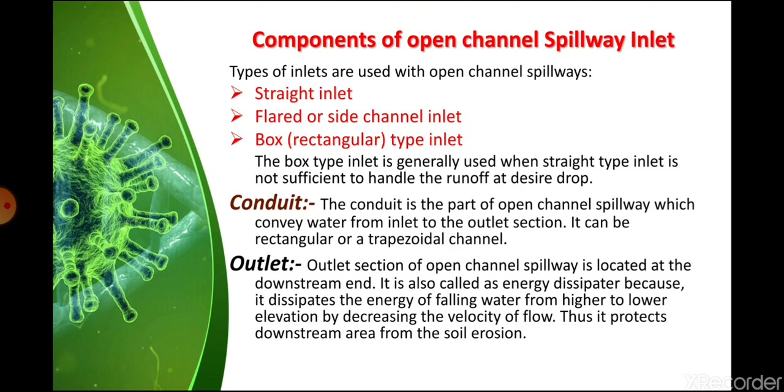The outlet is constructed in such a way that it will stop the water and allow water with a safer velocity into the downstream area, so that soil erosion could be avoided.